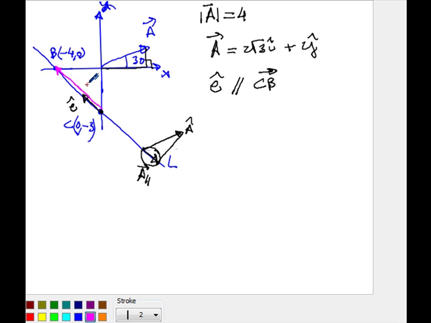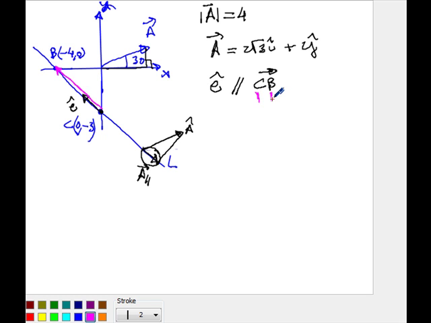Since E and CB are both on L, of course E has to be parallel to the line going through CB. But specifically, since I choose E to go up, E is not only parallel but also in the same direction as the position vector CB, which starts at C and ends at B.